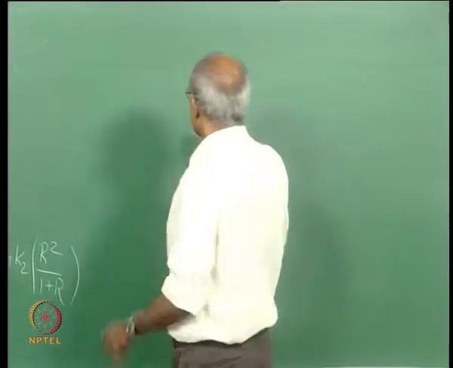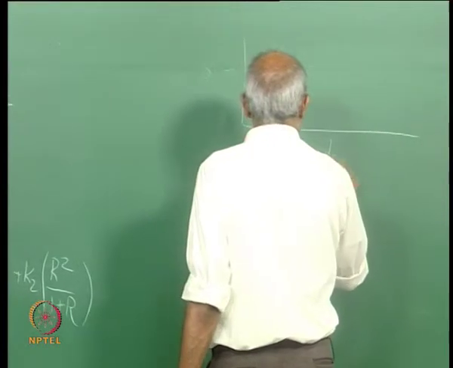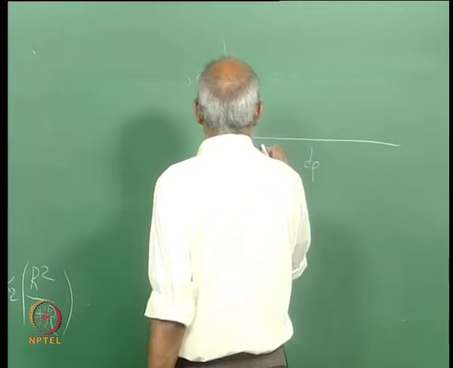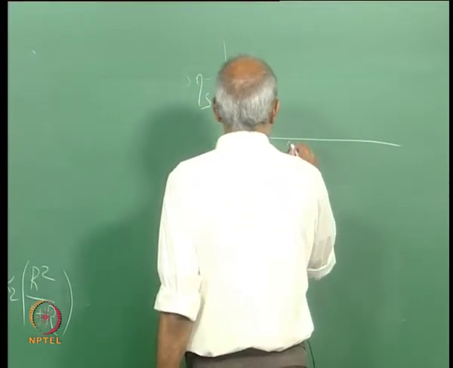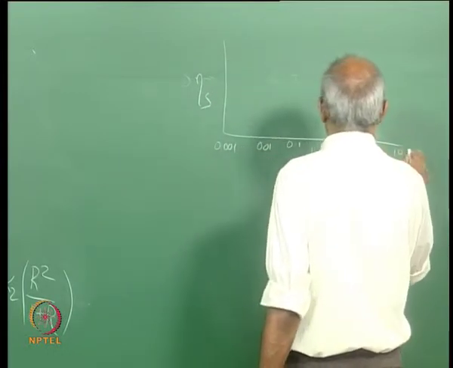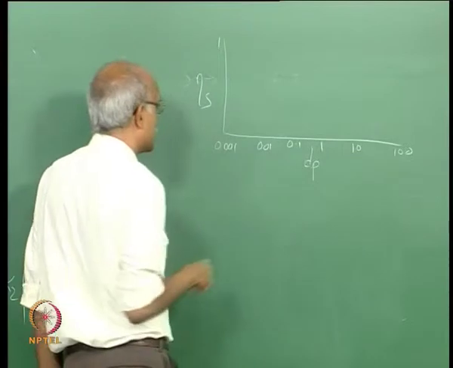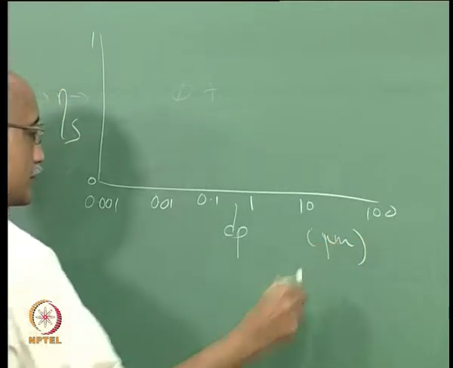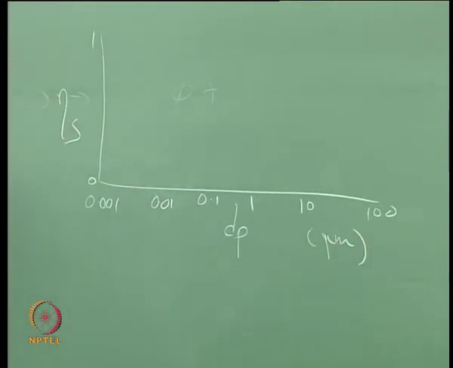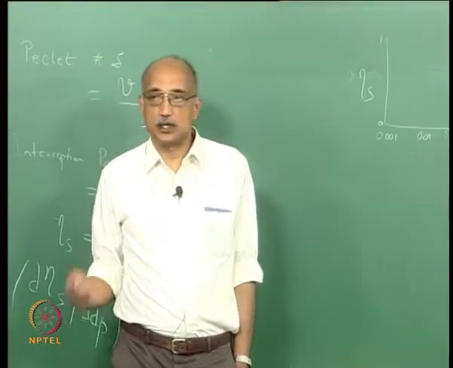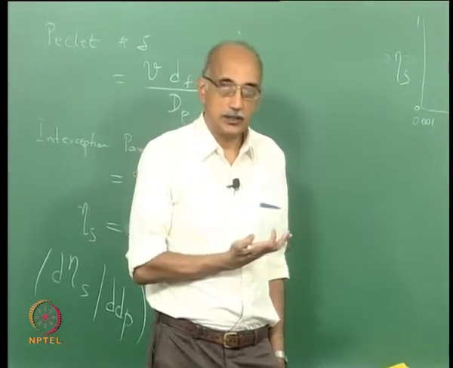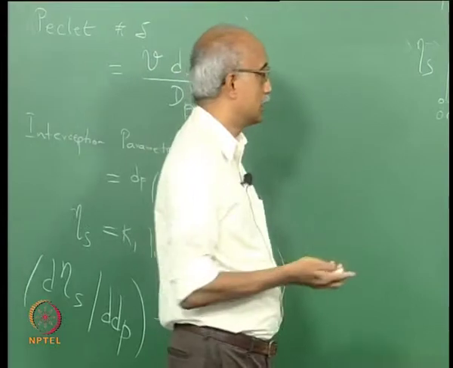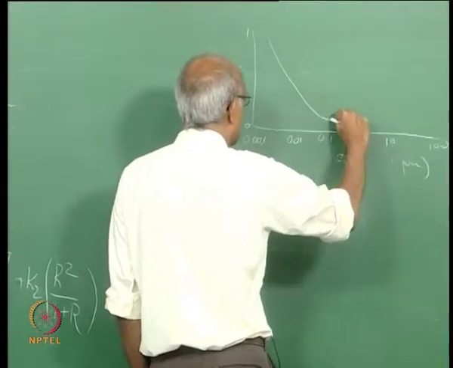What has been found is that if you plot dP versus eta S and you go from 0.001 microns to 0.01 microns, 0.1, 1, 10, 100, and on this axis you go from 0 to 1, the behavior is always the same no matter what the material of the filter, no matter what the material you are filtering. There is a universally valid trend that you can see, and it basically looks like this.